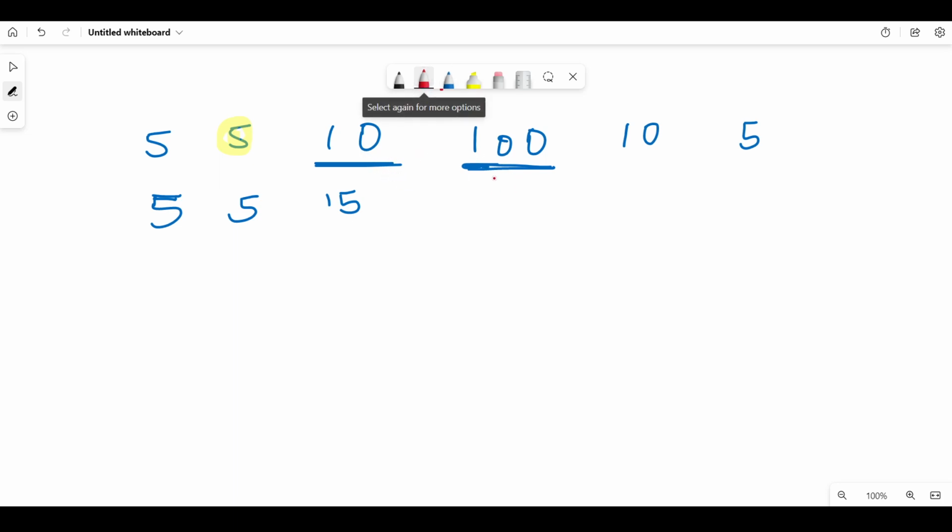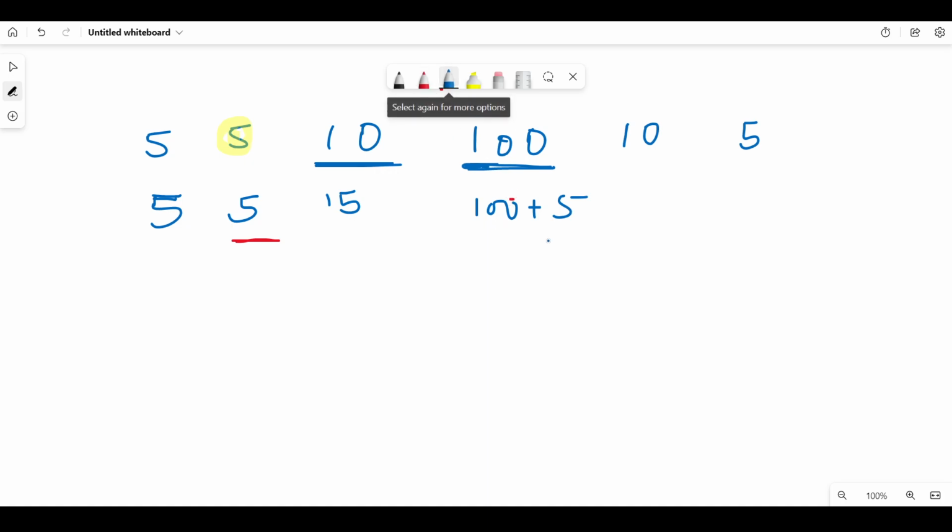So I am writing here the maximum money I can have at this point is 100 plus 5, because if I am robbing this, then I will have money equal to the robbed value till this house and the money kept in this house, that will be 100 plus 5.